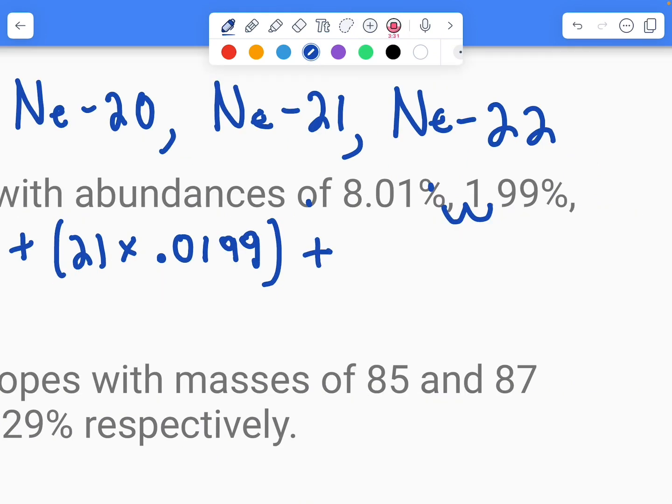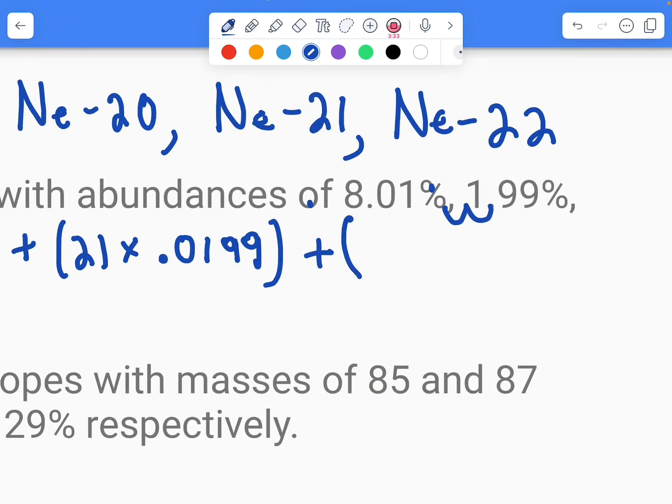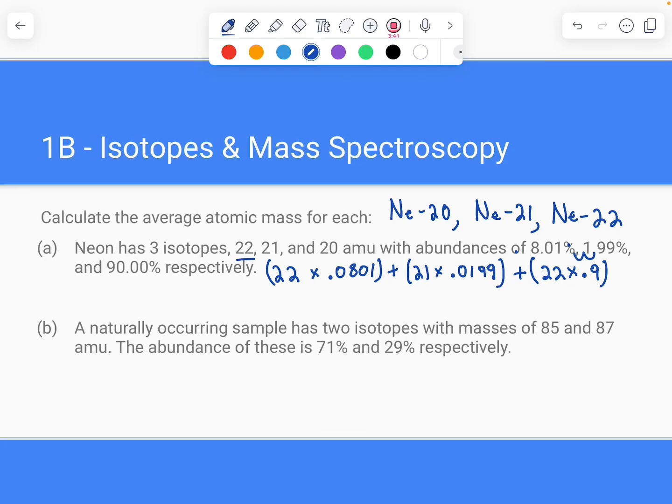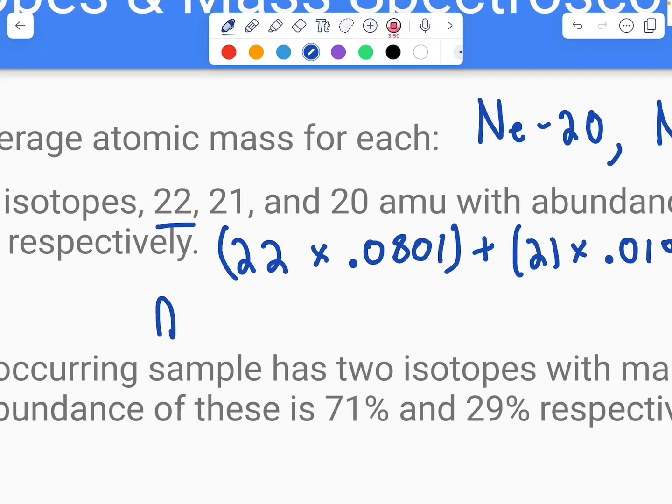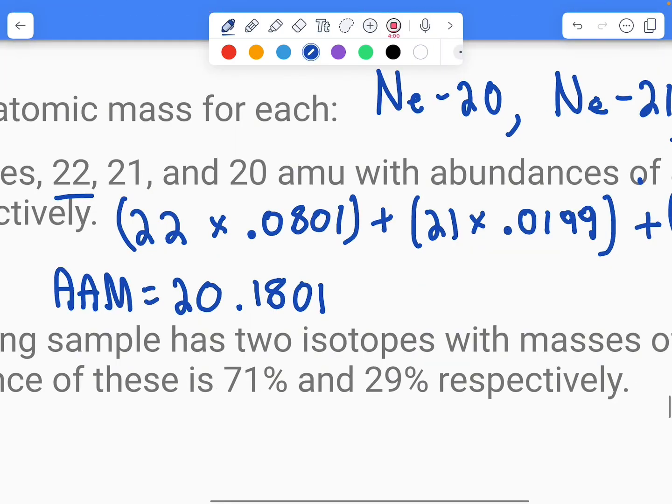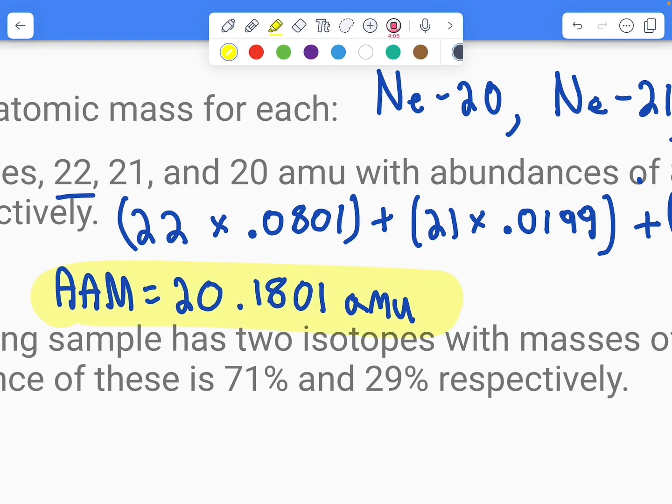And then, of course, neon 22 is the most abundant, so we get 22 times 0.9, because it's 90% respectively. We put that into our calculator, and we get an average atomic mass equal to 20.1801, and that's measured in atomic mass units, or AMU for short.